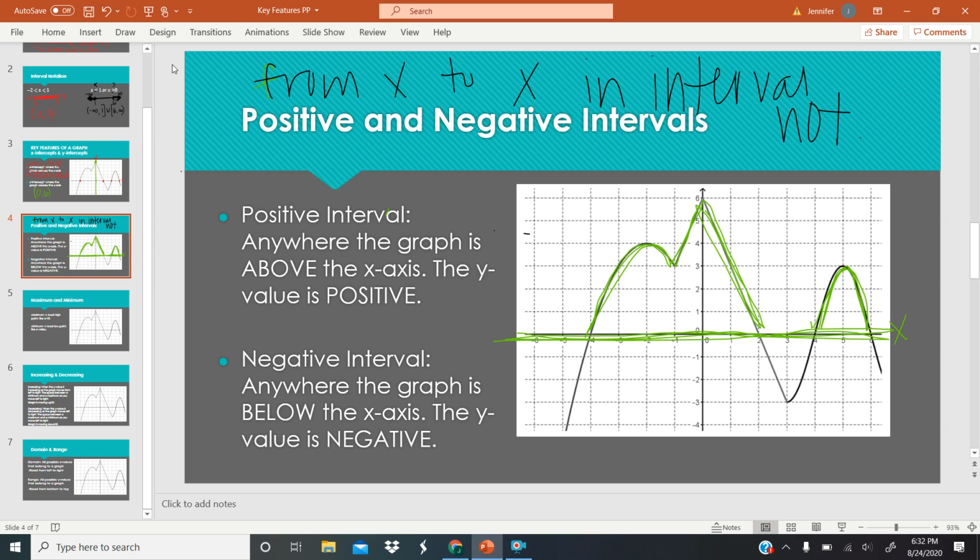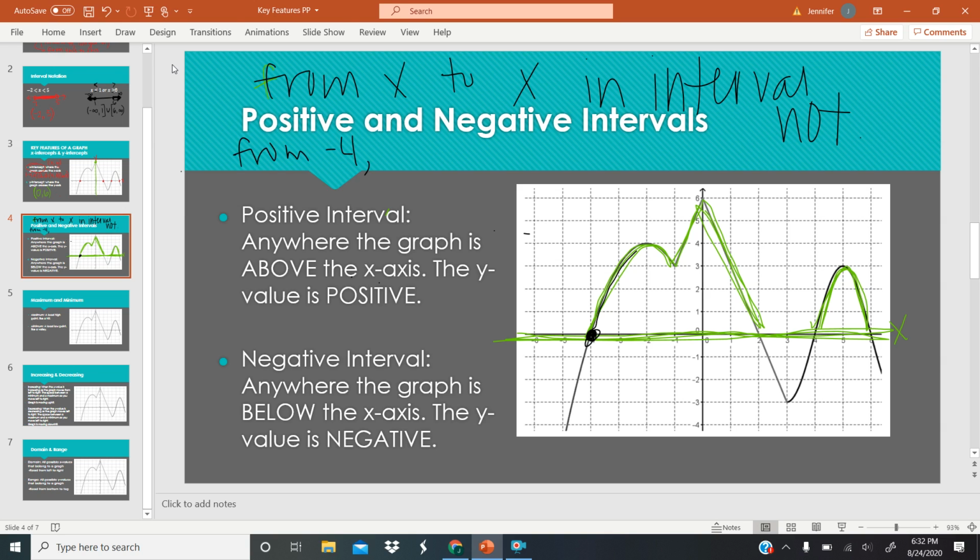Okay, so the first x that you see here, like the lower number that you see, is going to be right here at that -4. And so we're going from -4 to the next place that we want to pause.